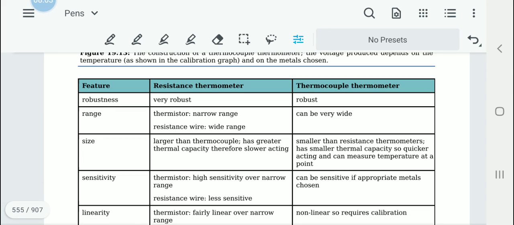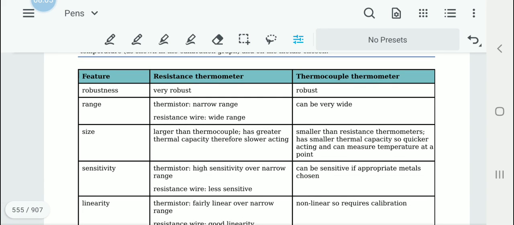So now we are going to compare the resistance thermometer against the thermocouple thermometer. Robustness, that is how strong it is going to be. The resistance thermometer is very robust, and the thermocouple thermometer is robust.